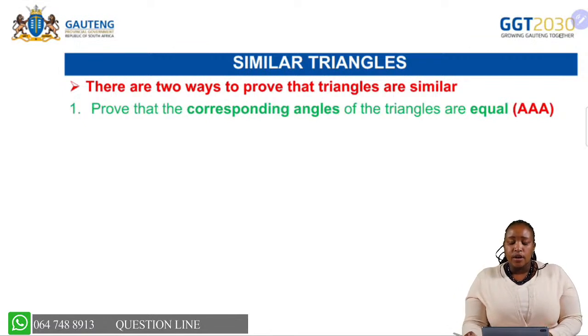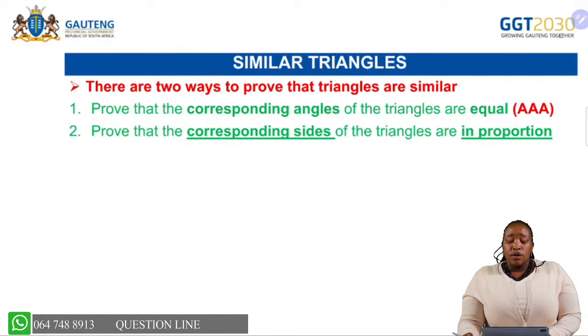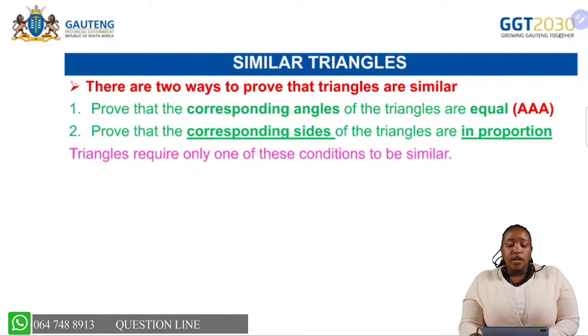Does that make sense? Your reason would be angle, angle, angle, so at least three angles, right? And then the next one, you'd have to prove that the corresponding sides are in proportion. The corresponding sides in the first triangle would have to have the same proportion as the sides in the second triangle. You only need to prove one of these when you are working with triangles.